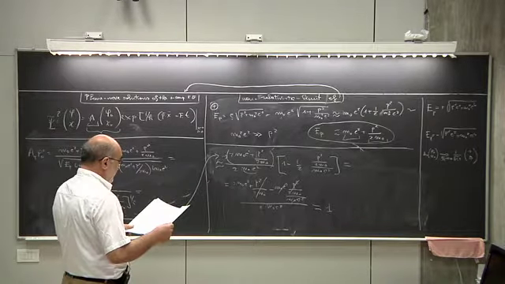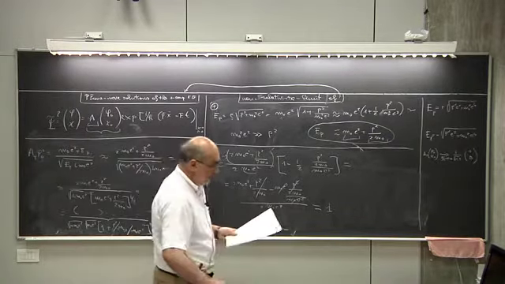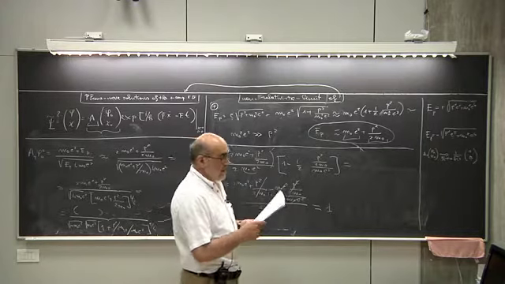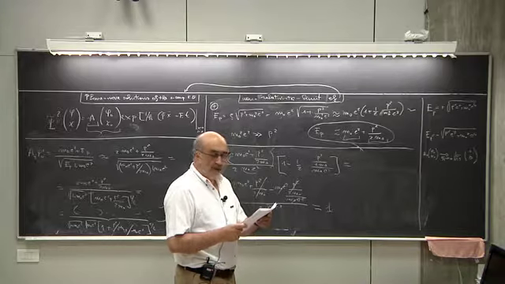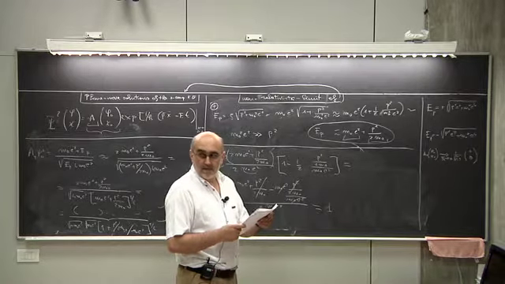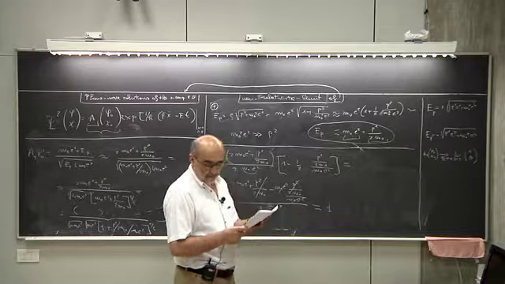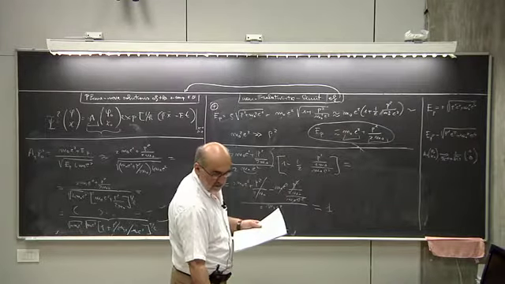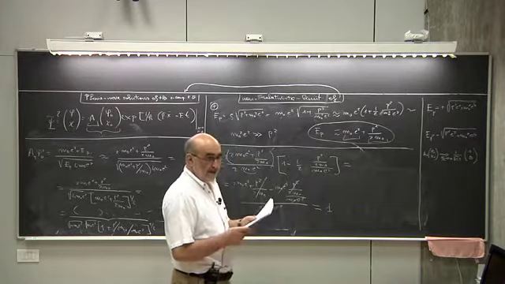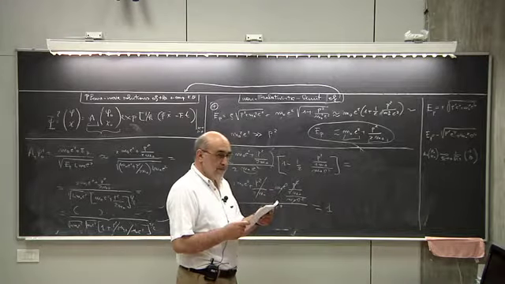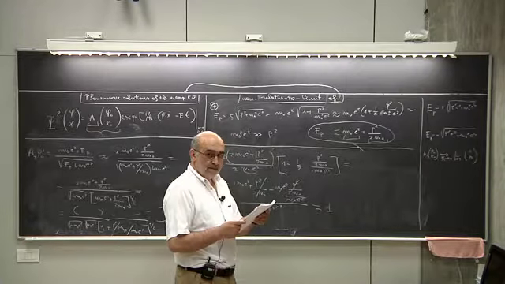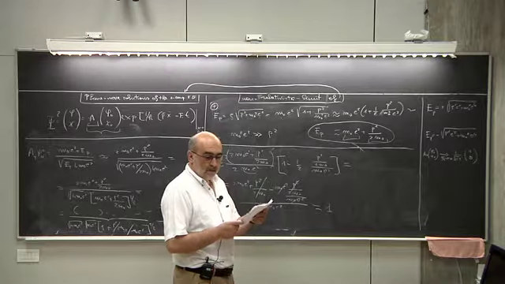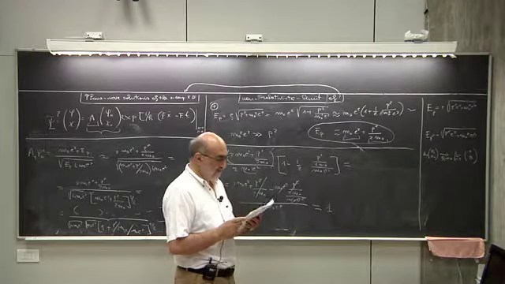So as homework, work out the lower entry of the vector in 181 of the book. Repeat: work out the lower entry of the vector in 181. 181 is the formula in the book, okay?